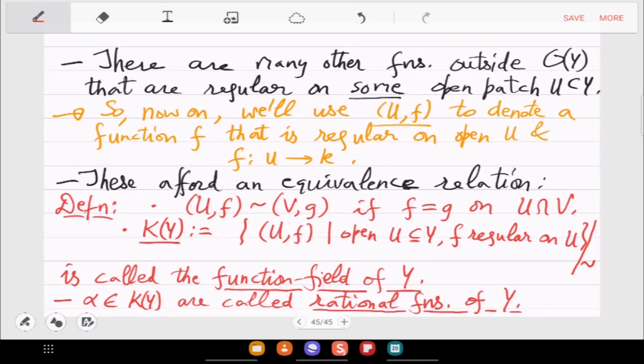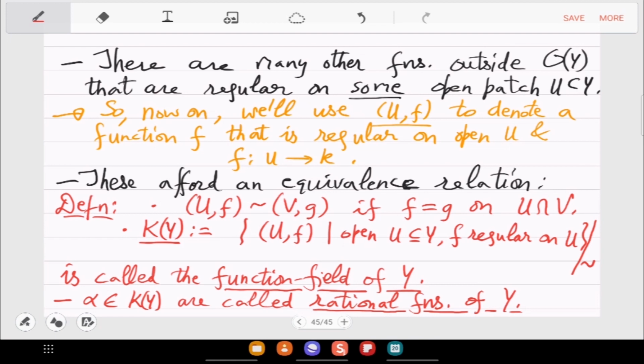Okay, obviously it is inspired by functions of the type 1 over x or x1 over x0 or so on. Now it is something which is inherent in the given variety Y instead of coming from polynomials. So you have now regular functions on a variety, you have rational functions on a variety.